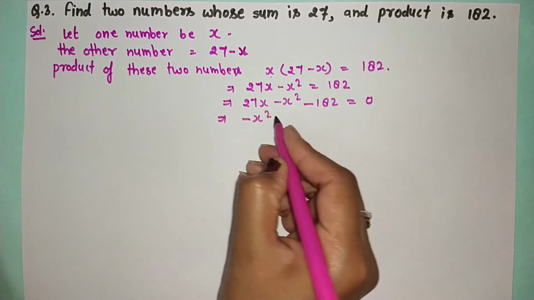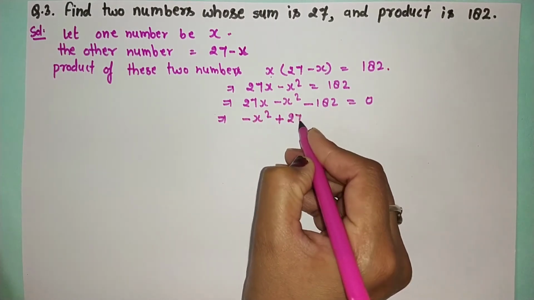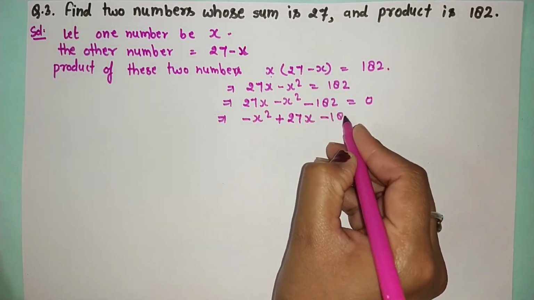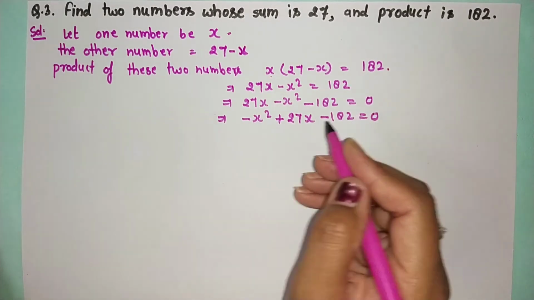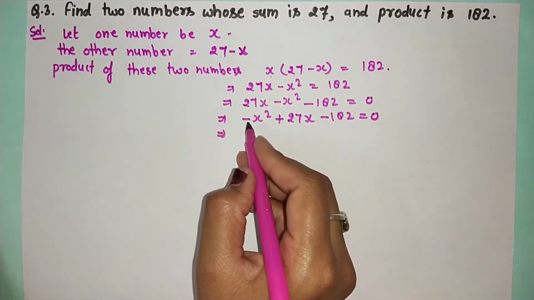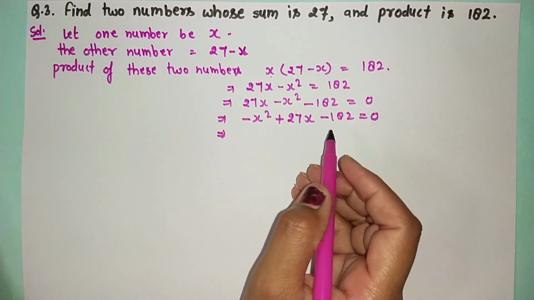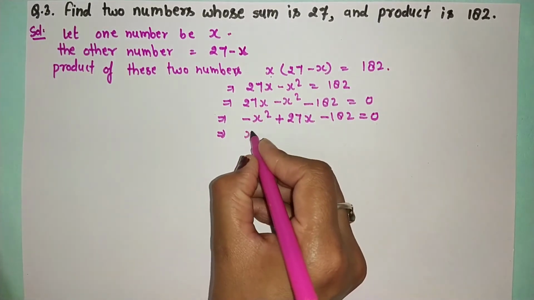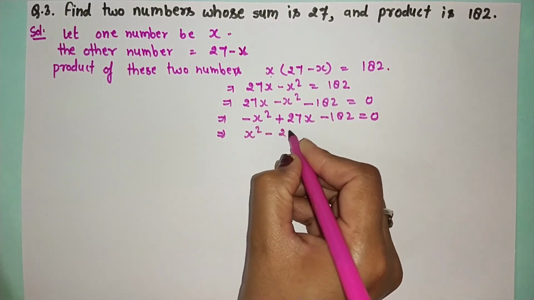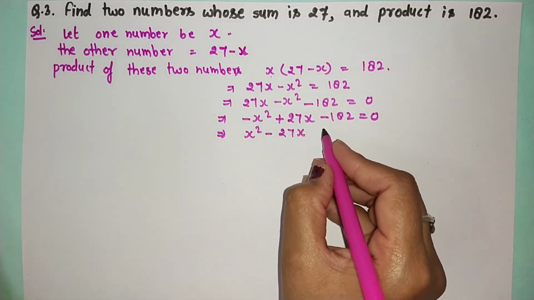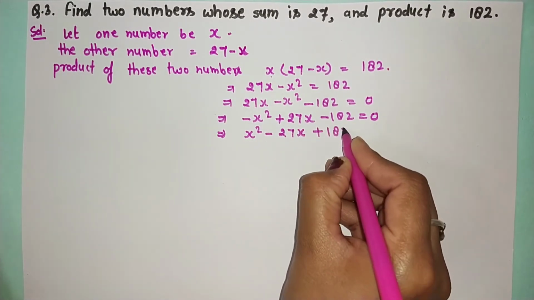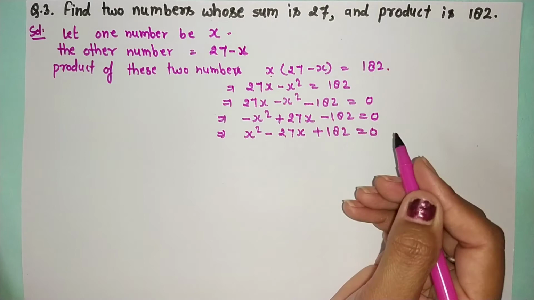Minus x square plus 27x minus 182 equal to 0. By multiplying the equation throughout by minus 1, it becomes x square minus 27x plus 182 equal to 0.